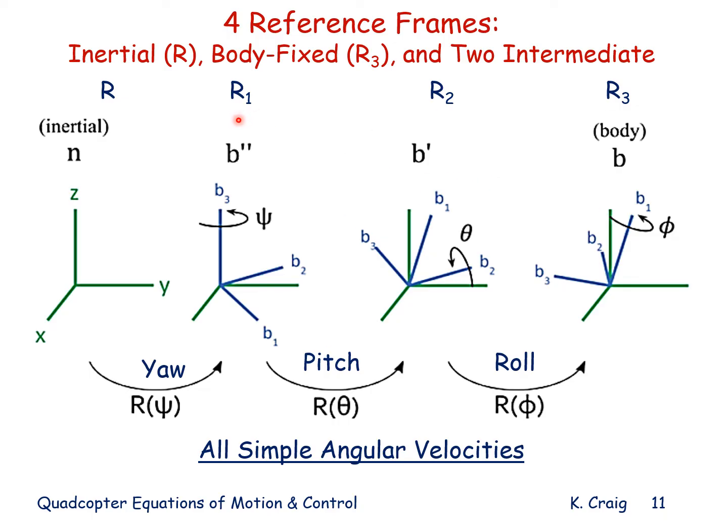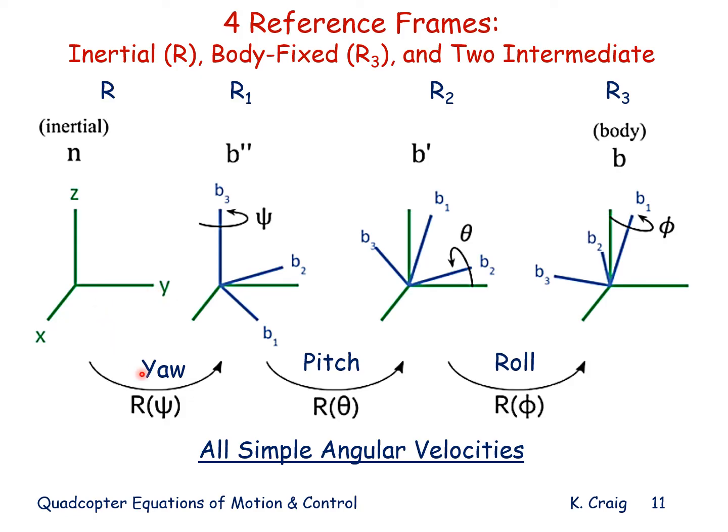R1 is a rotation about the positive z-axis of the inertial reference frame, or the positive z-axis of the quadcopter, which I call B3. Initially, B1, B2, and B3 are aligned with X, Y, and Z.